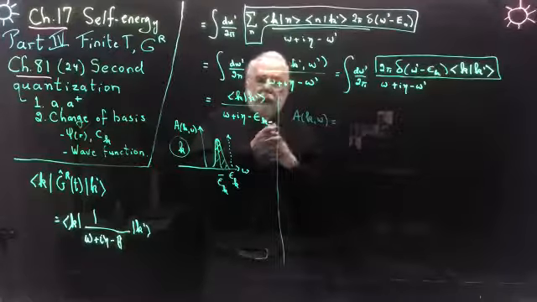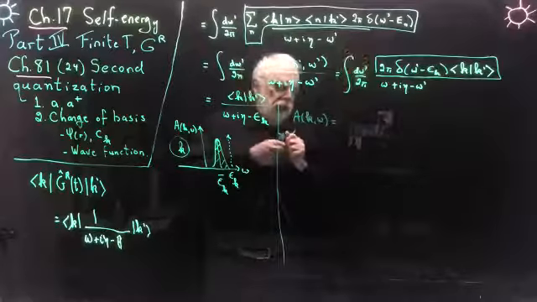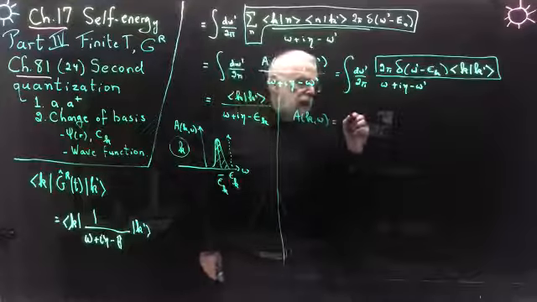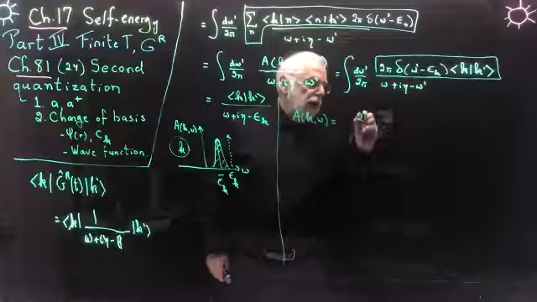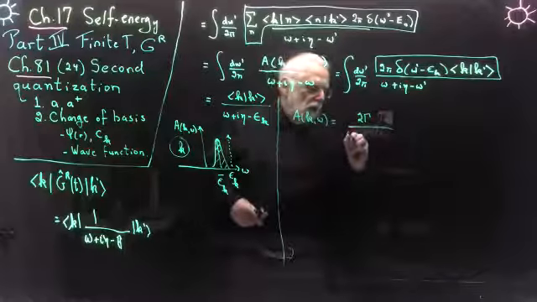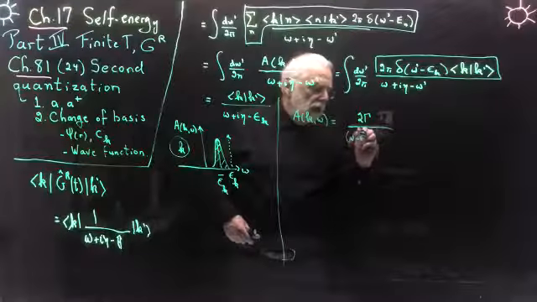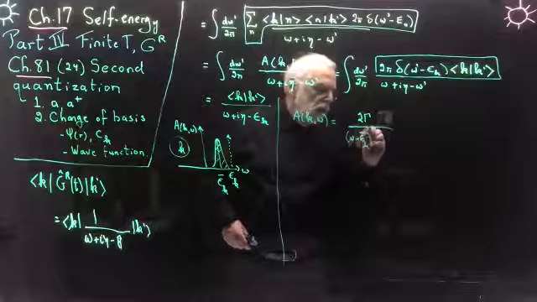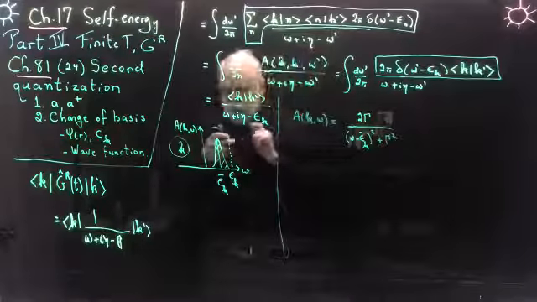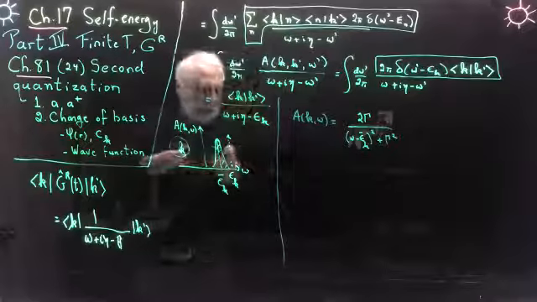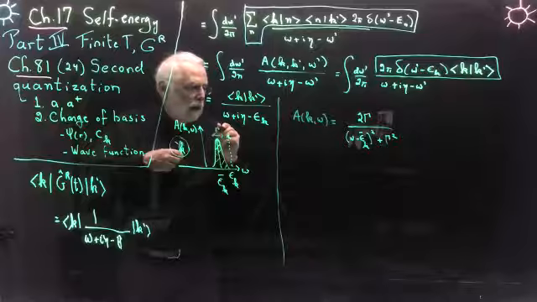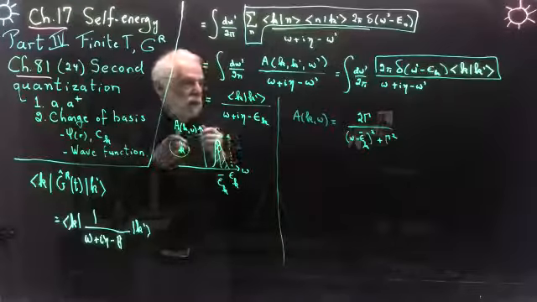I take just one momentum, k prime equals k. Then I take this to be 2 gamma divided by omega minus epsilon bar k squared plus gamma squared. So I do something phenomenological. There's a width here, gamma, and there's a shift.